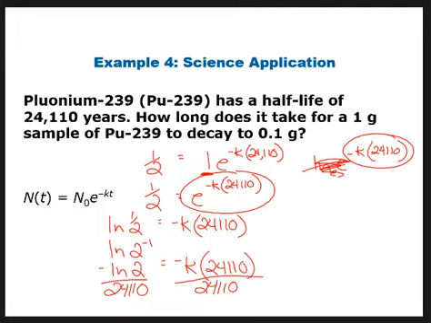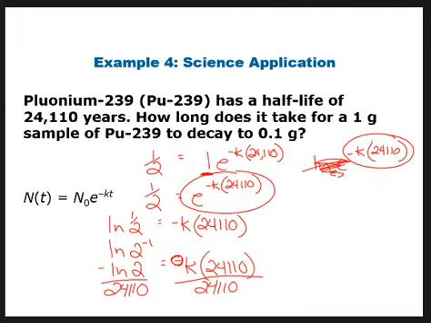So essentially I'm going to take the negative natural log of 2 and I'm going to divide it by 24,110, and I'm going to get basically a really, really small number, and it's going to be negative. But you'll notice I still have a negative over here, and because I still have a negative over here, what that means for me is that I can go ahead and basically make my answer positive.